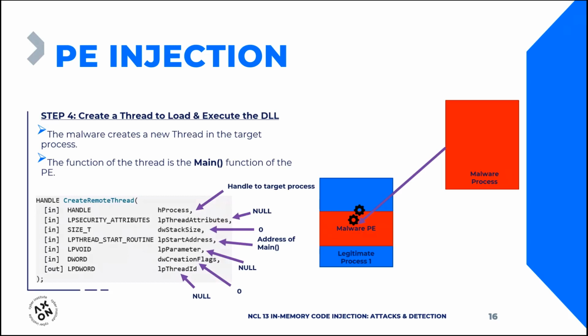However, in this case, I want to compute the address of the main function inside the injected PE, and once I have that address, I pass it to CreateRemoteThread. The parameter now has no meaning. In the previous one, the parameter was the path of the DLL. Now I do not need any parameter, because the main function will simply execute on its own and run whatever malicious code is embedded there.